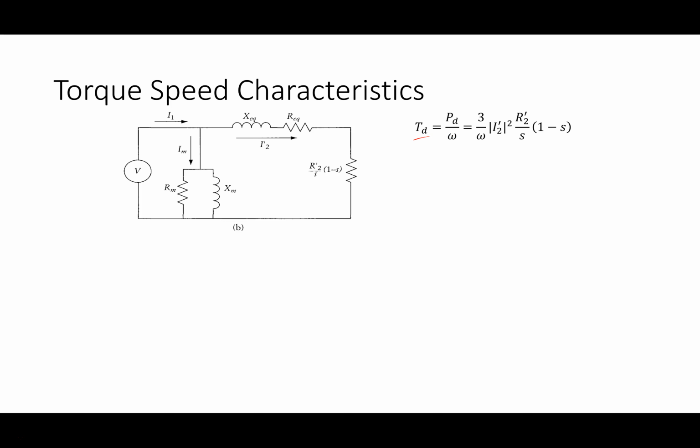Now I have the developed power, which is the power that goes into the mechanical system here, which is I2 squared multiplied by R2 on S multiplied by 1 minus S. I squared R, that is the power in this resistor, multiplied by 3 for the 3 phases, divided by omega gives me the torque.